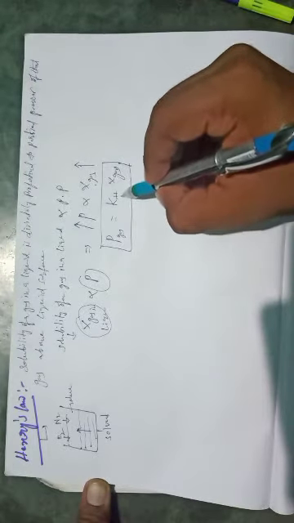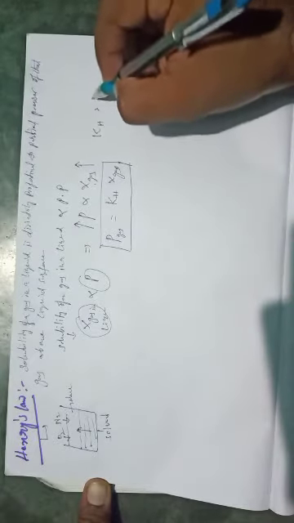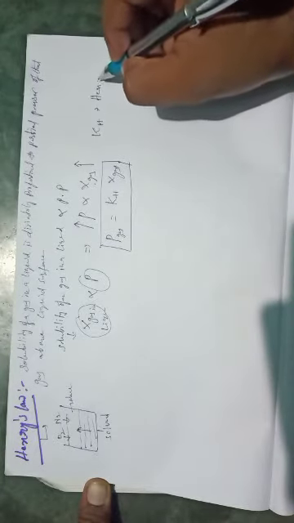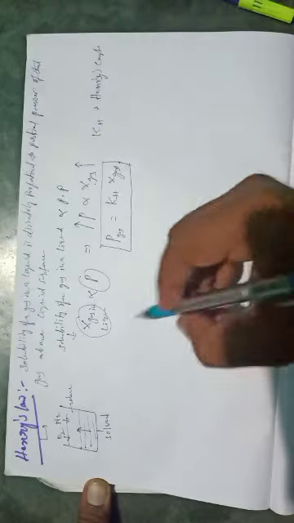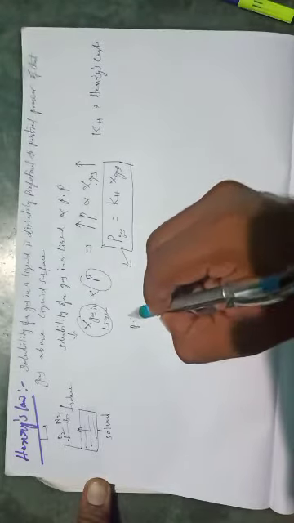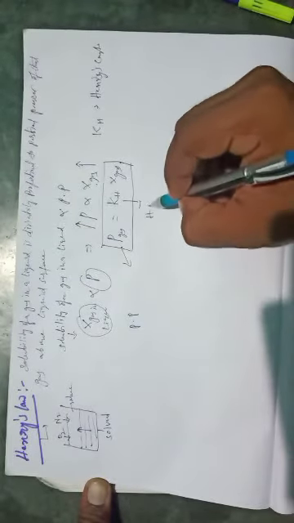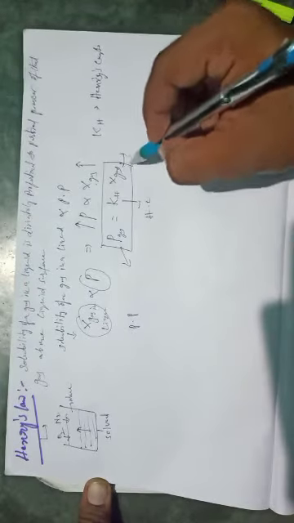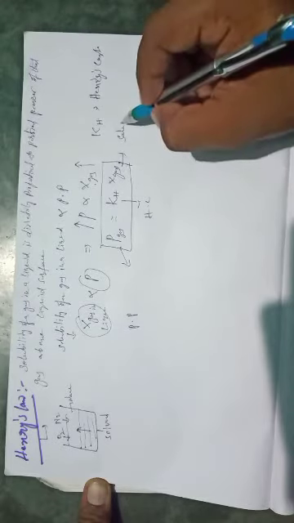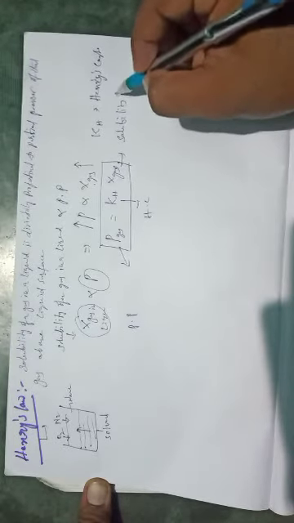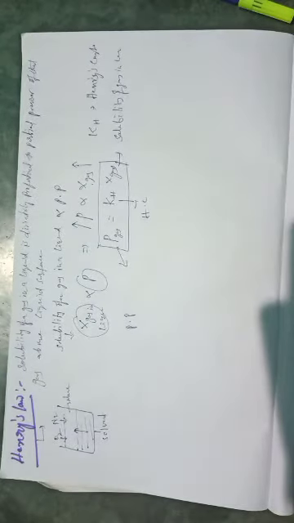In this concept, kH means Henry's constant. P is for partial pressure, kH is for Henry's constant, and X of the gas is the solubility of the gas in liquid.